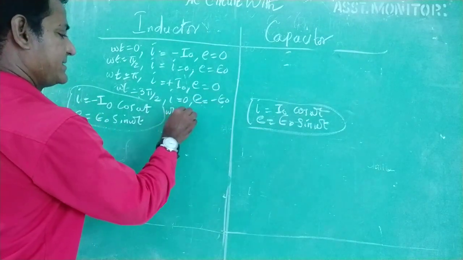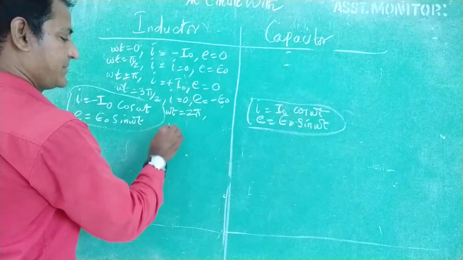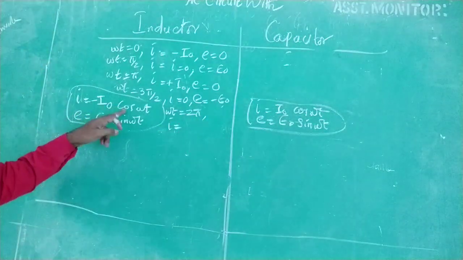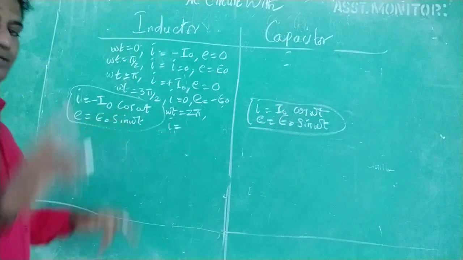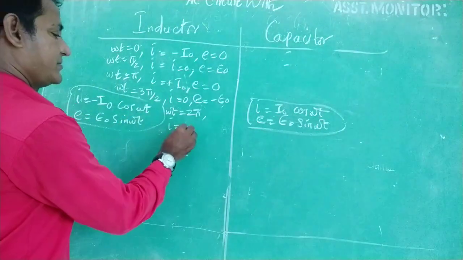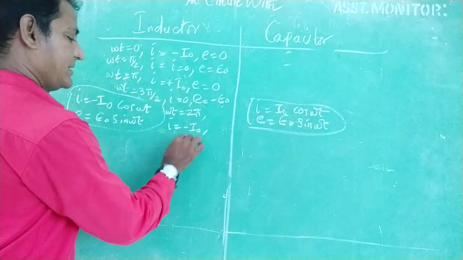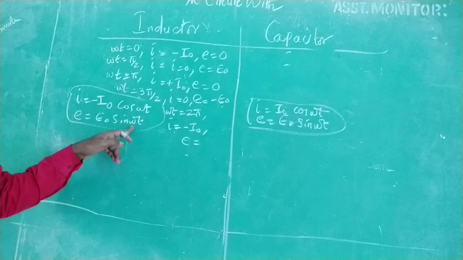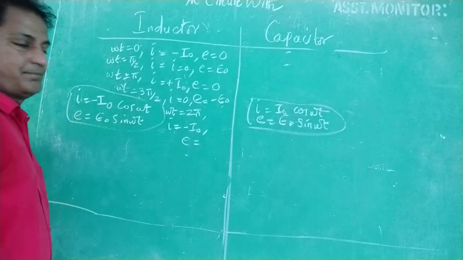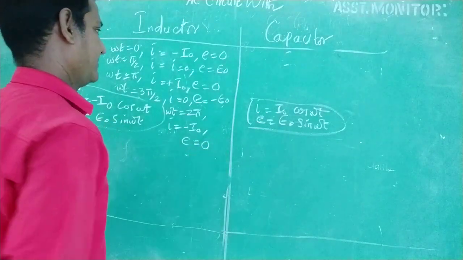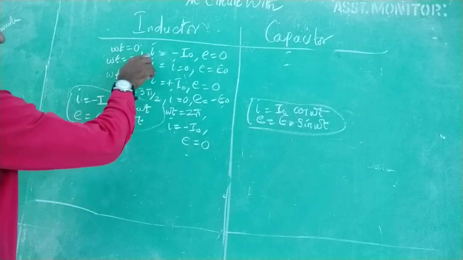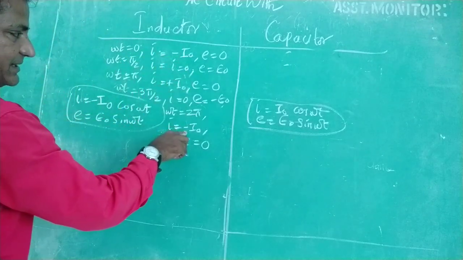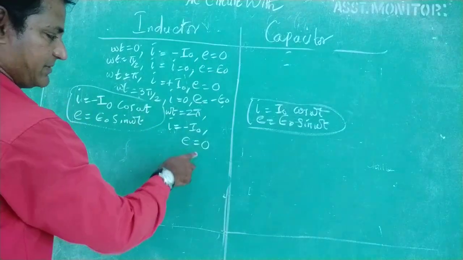When omega t is equal to 2 pi, that is 360, cos 360 is plus 1, so I is equal to minus I naught. E is equal to sin 360, which is 0. So whatever is started ends with the same thing.